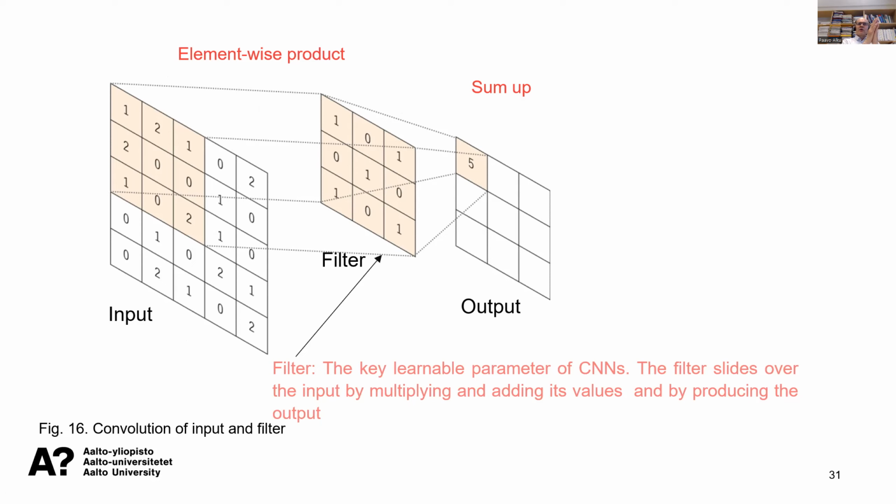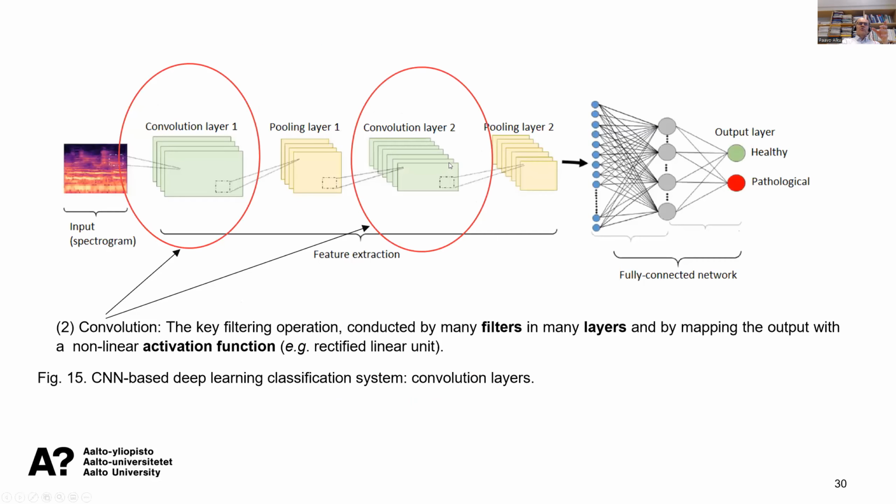And this filtering happens so that this filter matrix slides over this input signal, and it multiplies and adds to the input signal to get an output. And this output is then, very importantly, mapped by a predefined so-called activation function, which needs to be a nonlinear function.